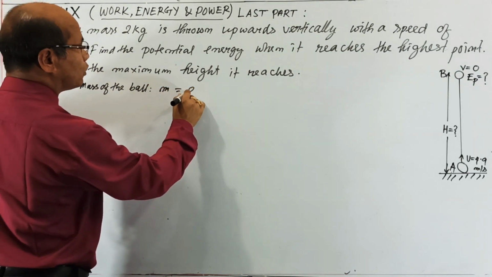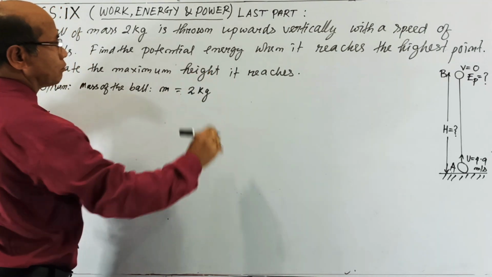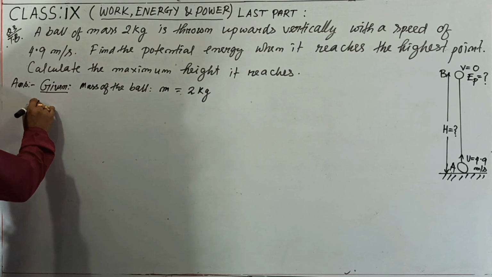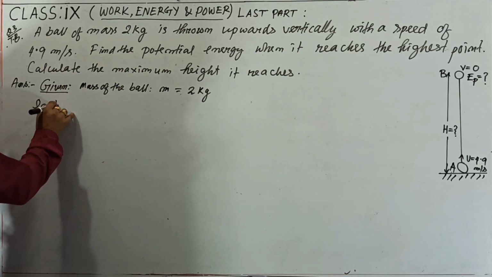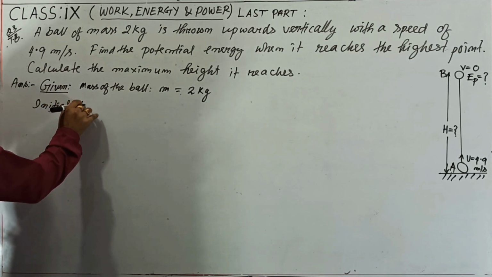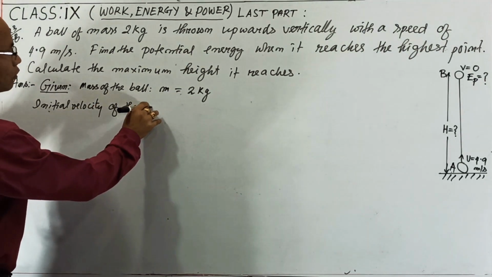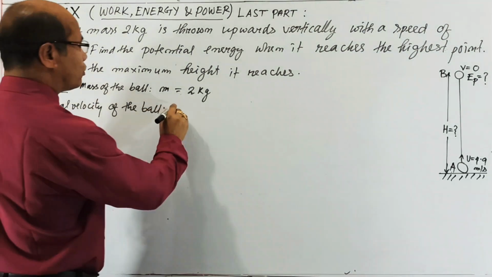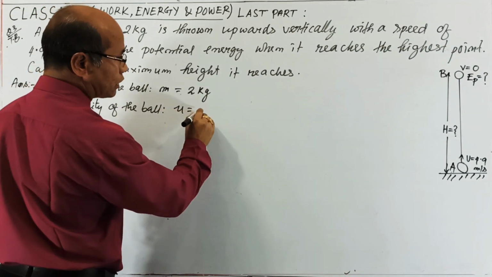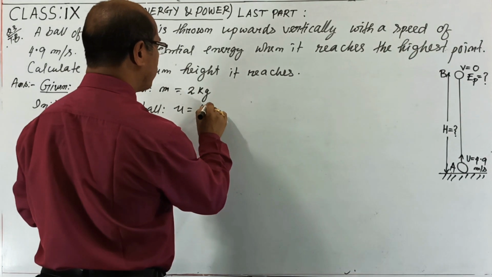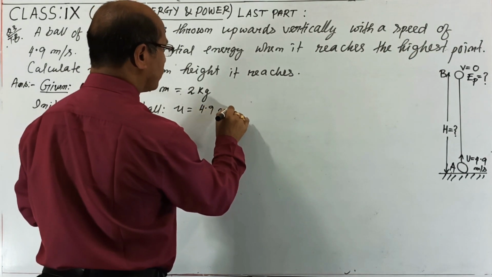It is equal to 2 kg. Initial velocity of the ball. Let us use small u to represent its initial velocity. It is 4.9 meters per second.